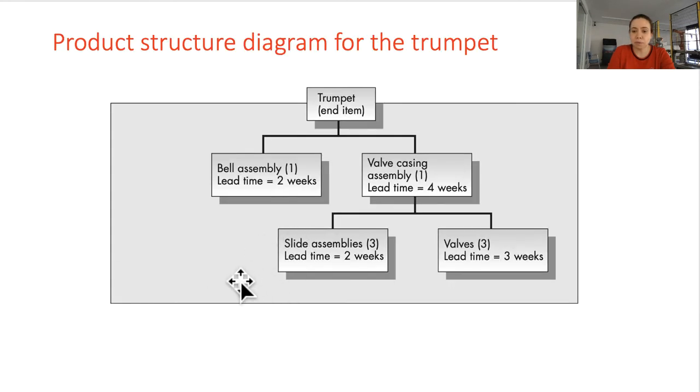Let's start from the second level. Let's check the highest production lead time for the components, and as you can see it is 3 weeks. For the first level, the highest production lead time is 4 weeks, and that belongs to the valve casing assembly. Now we can say that we need at least 7 weeks to produce this end item.